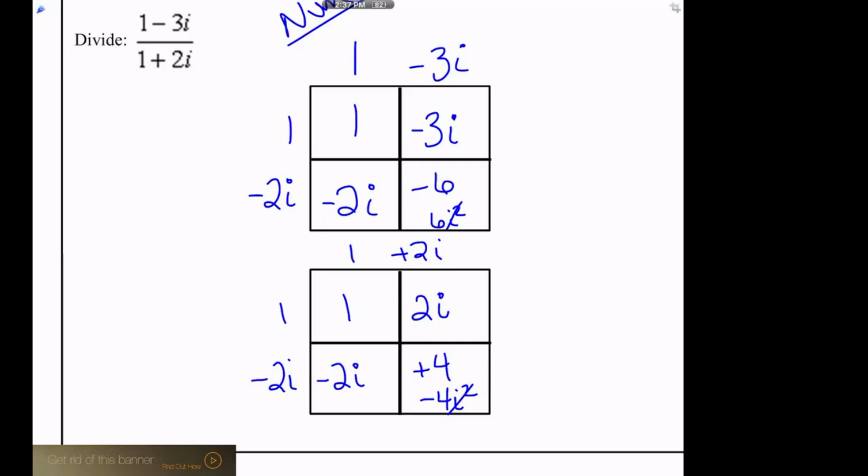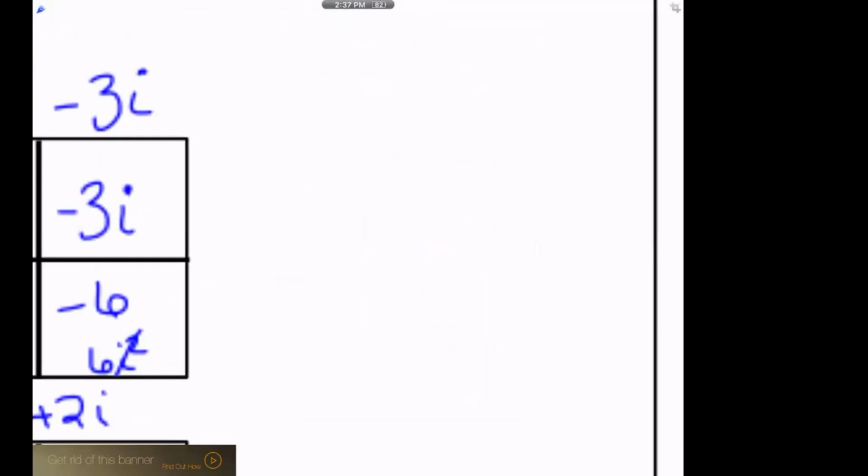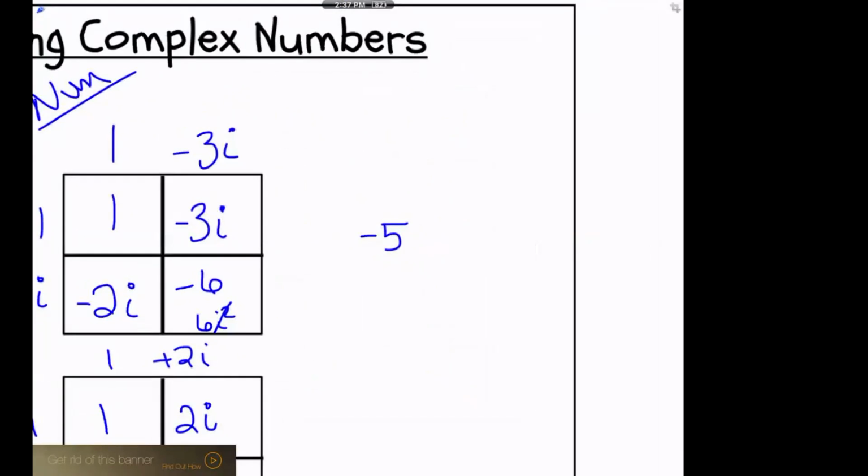So now when I go to write my answer, I'm going to look at the numerator first, and I need to figure out what the real value is for the numerator. So I have 1 and I have negative 6. 1 minus 6 is negative 5. For the imaginary part, I have negative 3i and negative 2i.